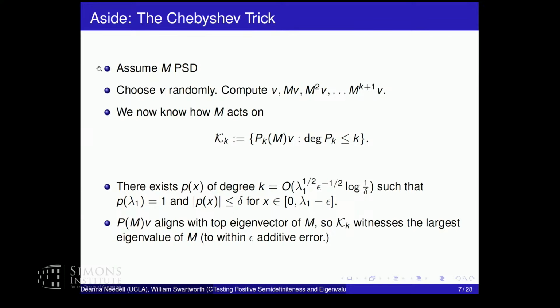Because we can just choose the best vector in the Krylov space, the one that maximizes the dot product with M. We already have the Krylov space and all the matrix vector products we need. So this is a very simple algorithm, and it gives 1 over root epsilon matrix vector products. Are there any questions about this?